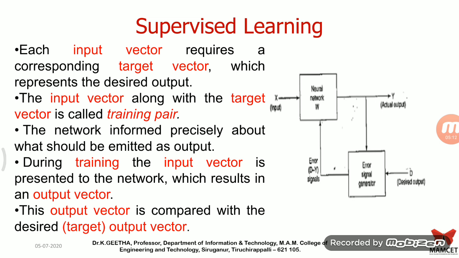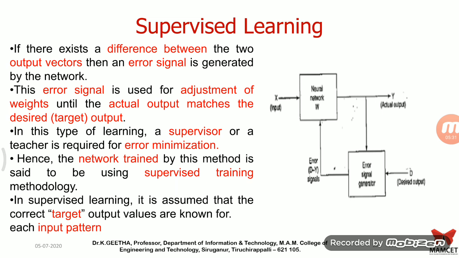It is similar to what a teacher does in our school days. Someone is there to supervise us, and if we haven't reached the target, then again and again they will train us to get the required output. Supervised learning belongs to that category. If there exists a difference between the two output vectors, then an error signal is generated by the network.